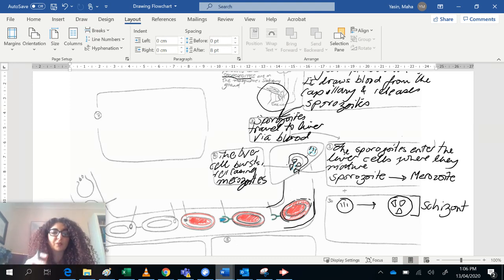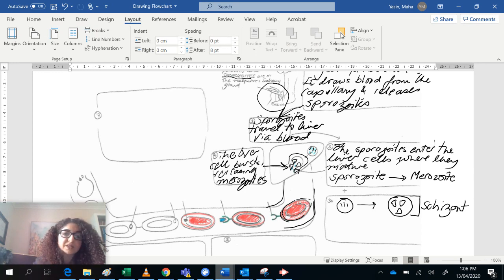Okay, and don't worry, I will get you a copy of this handwritten just in the next few minutes once we're done with this. Now, once the liver cell bursts and it releases those merozoites, so here they are, just right here, we can see them bursting. And so the merozoites are being released.